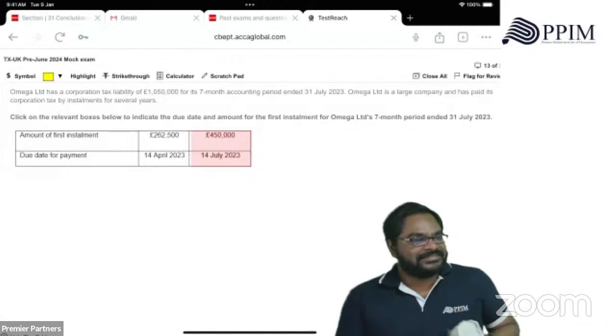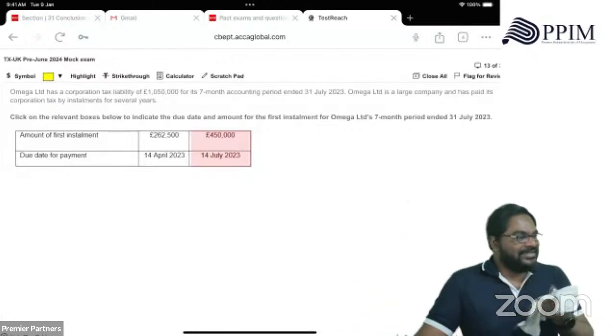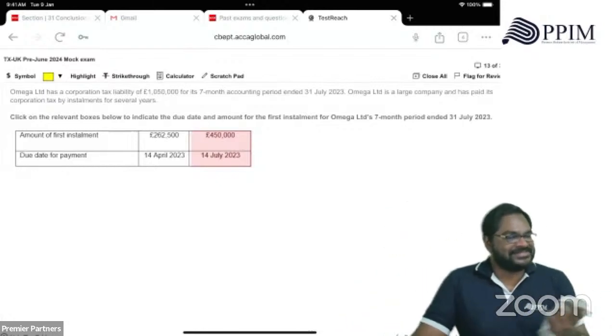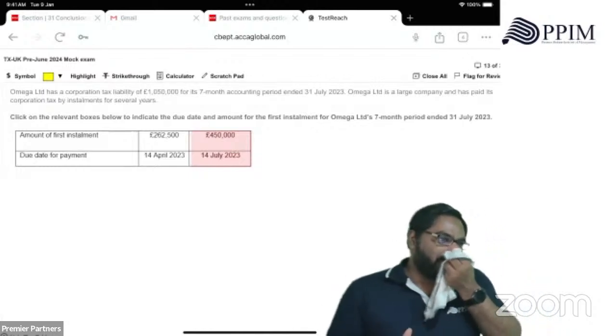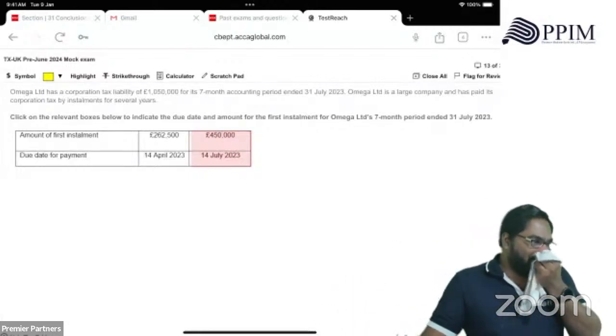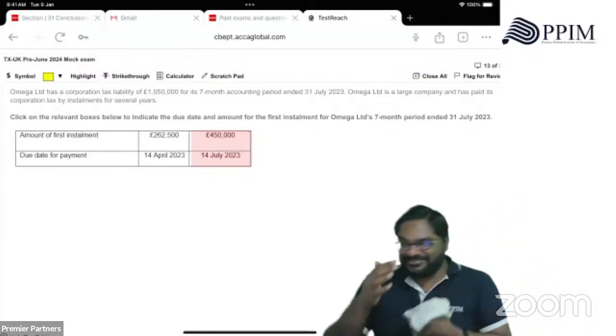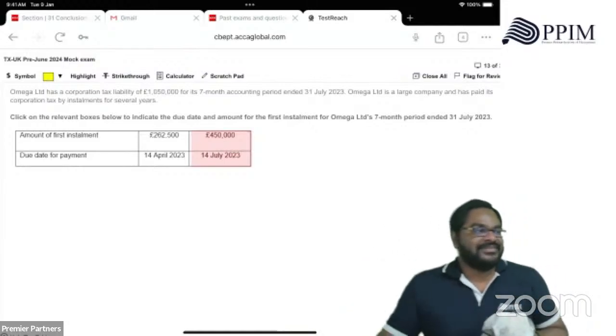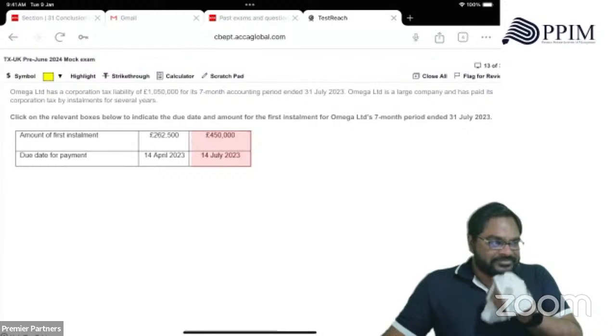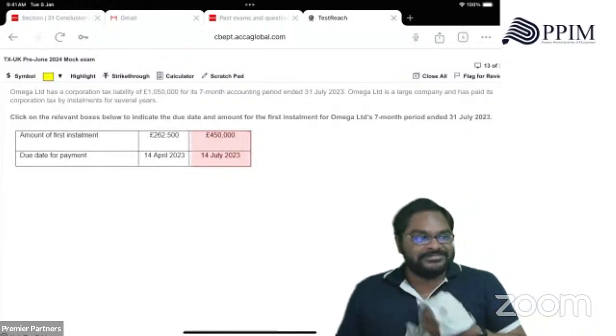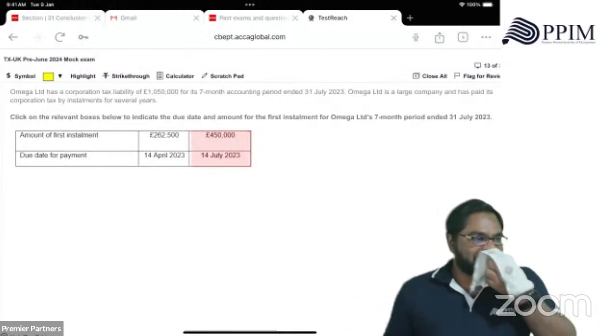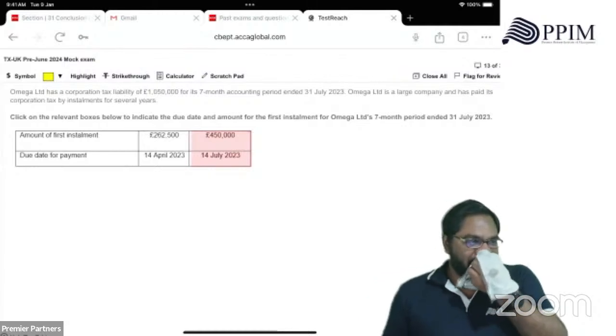If the accounting period is 10 months, then divided by 10 and multiplied by 3. If it is 6 months, divided by 2.